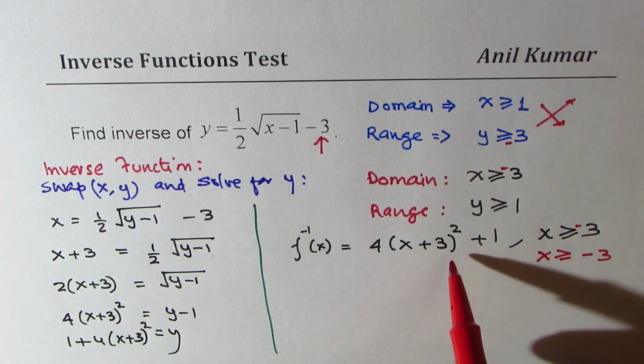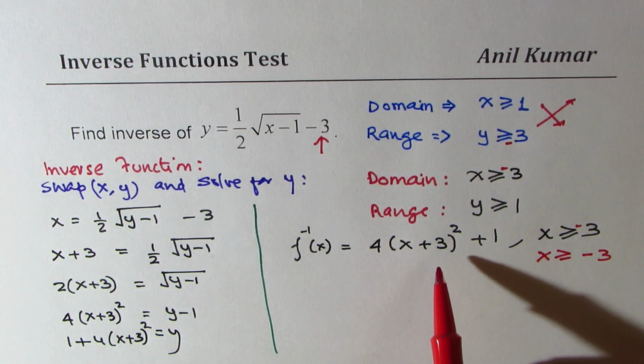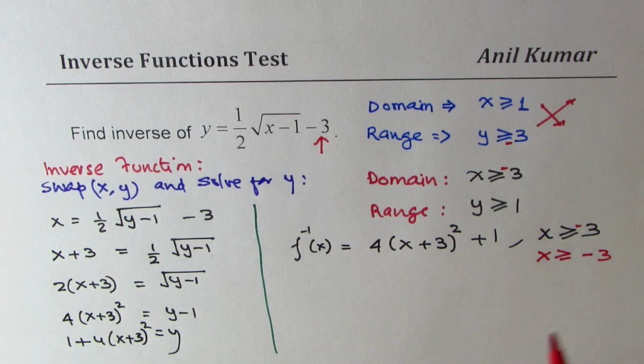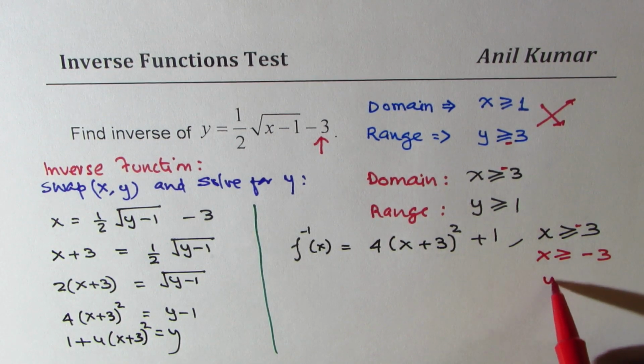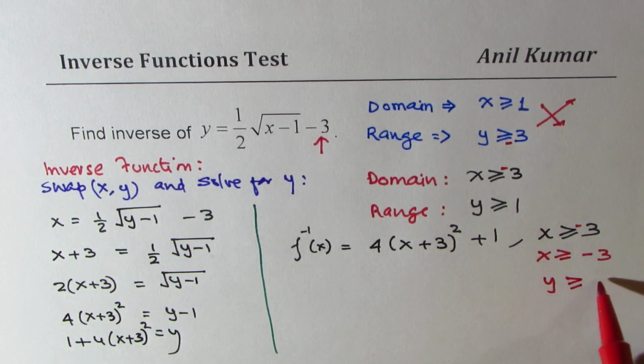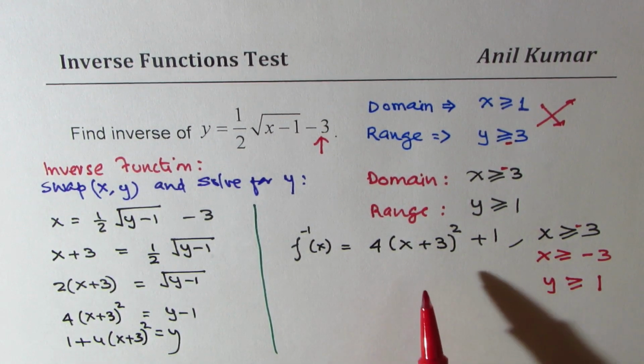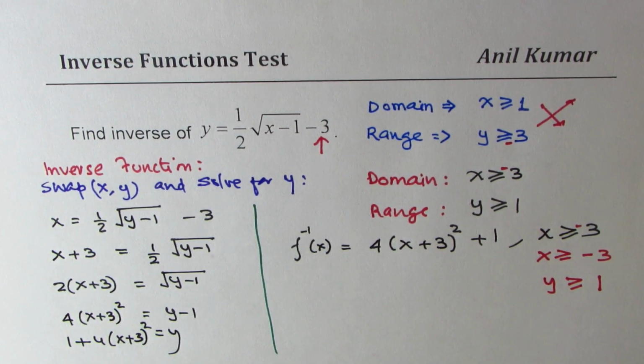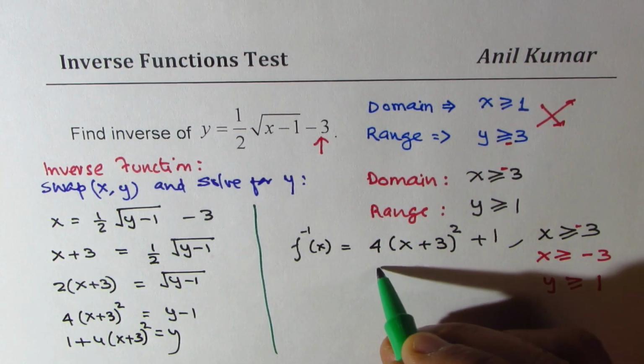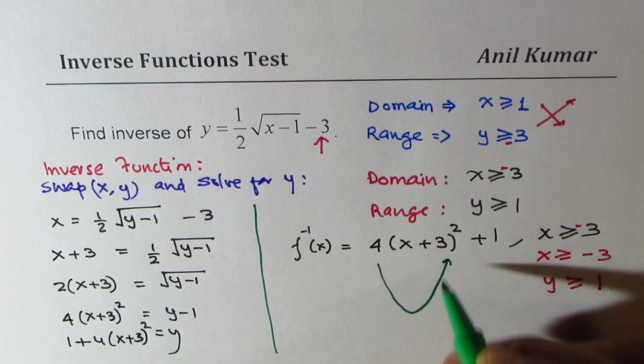Now what we are trying to do here is we are only taking the values of y which are greater than or equal to 1, right? So we are taking the right side of the parabola. This parabola basically is opening up kind of like this.